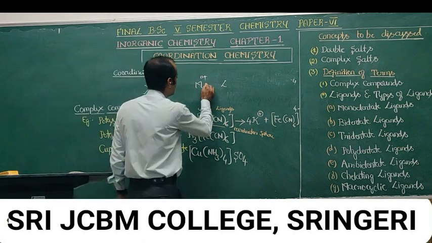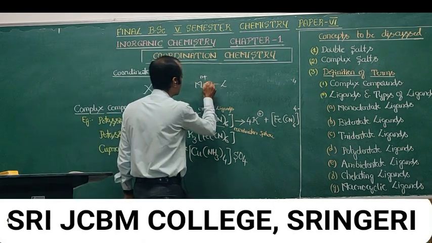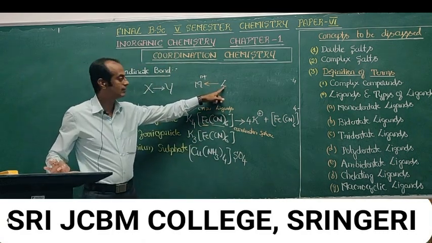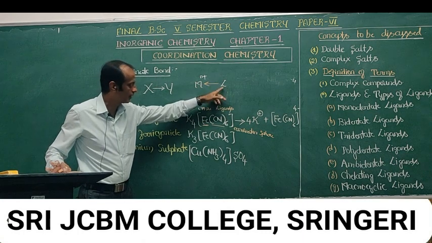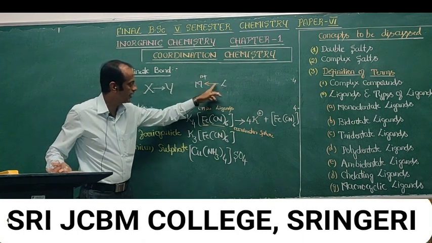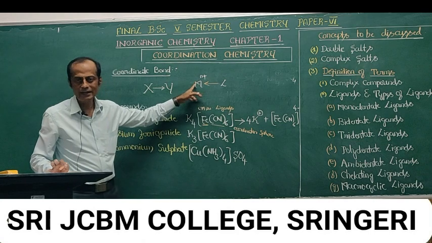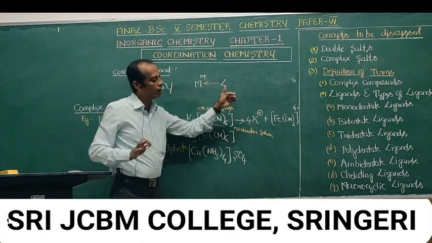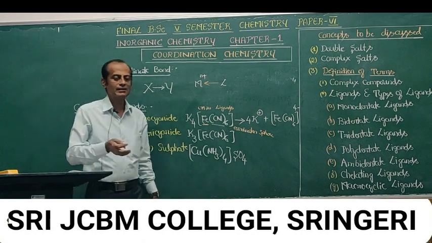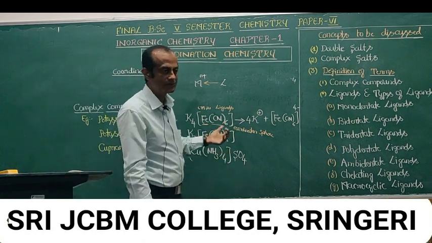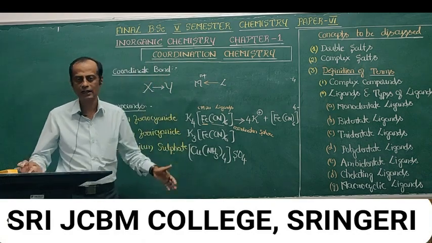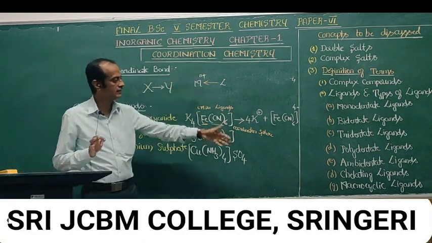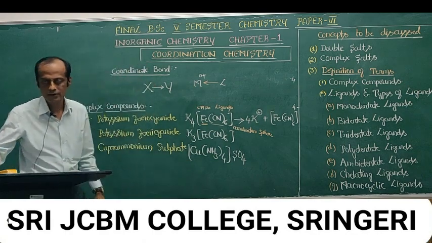So ligands donate a pair of electrons to the central metal atom or ion. As a result, a coordinate bond is formed between the ligand and the central metal atom or ion. So, on the basis of this, we can consider different types of ligands.